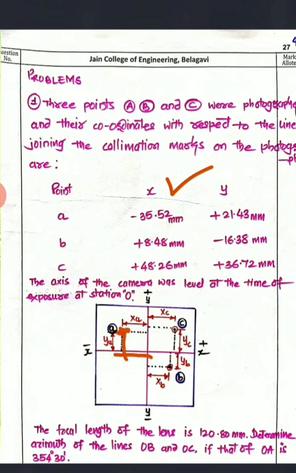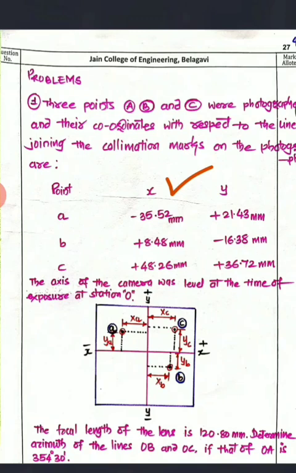So here you have point A, the location of point A. Similarly for B, x is positive and y is negative, so it is in the second quadrant: x is 8.48 mm in this direction from the center and it goes down 16.38, so you have point B. Similarly you locate point C on the photograph. Both are positive, so it is in the first quadrant. Once you understand these things, the remaining part is quite easy.